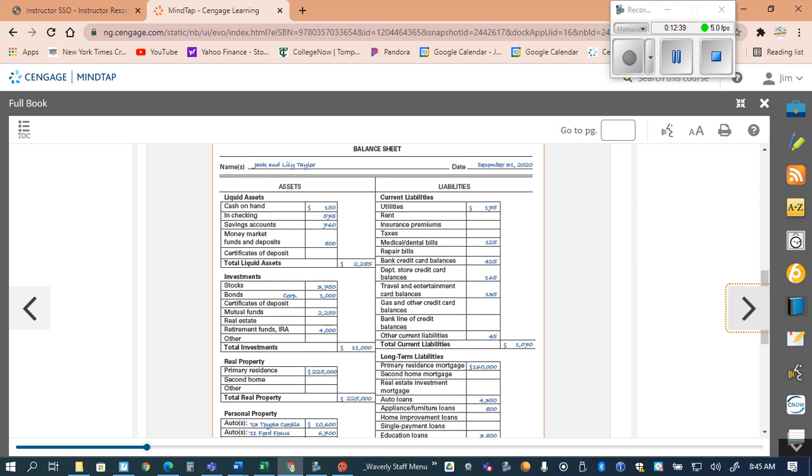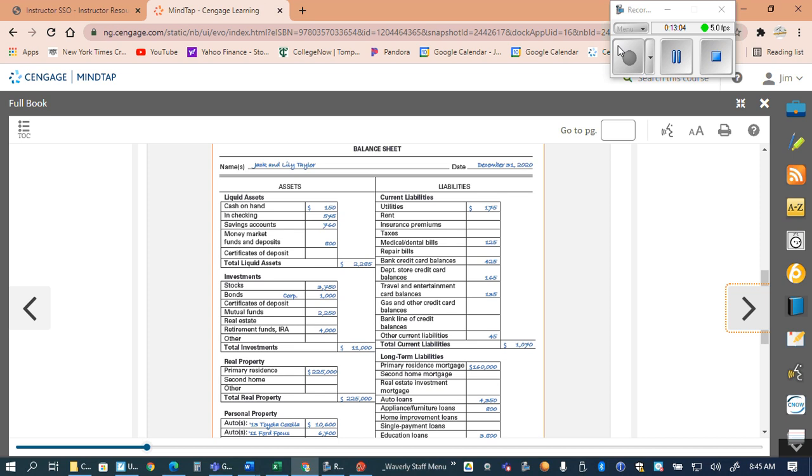Do you see over on the left side of the balance sheet? Those are your asset categories, right? So we have our liquid assets, and certain categories of liquid assets, okay? Then an investment category, and you'll list fair market value for any of those. And then you total each category up separately.